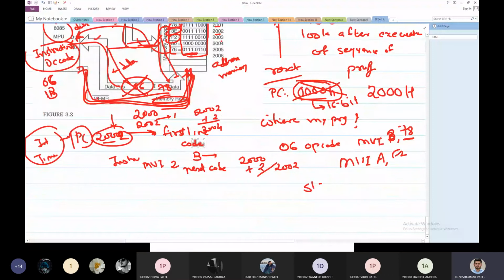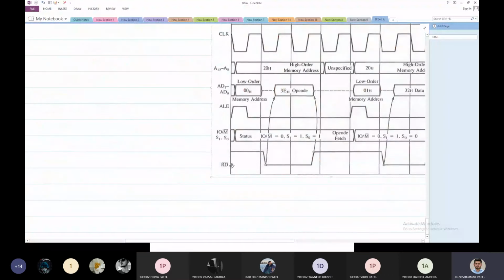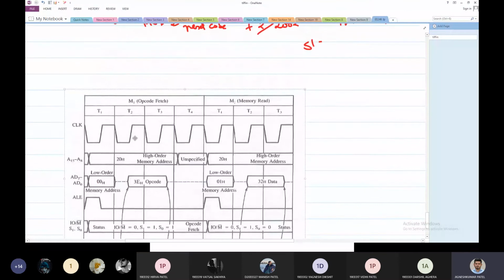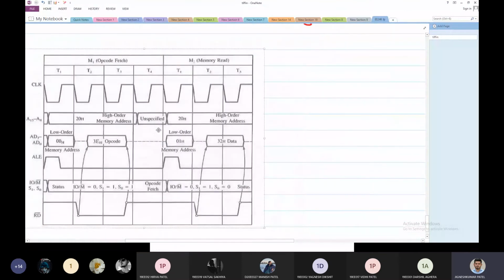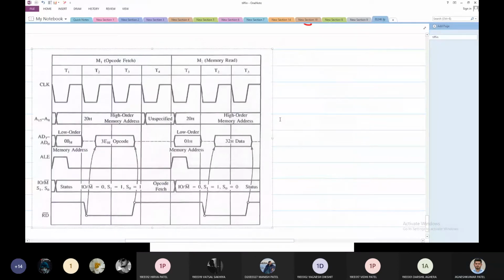Whatever I explained over here, like how it is actually done, is explained by this diagram. If you have any instruction inside your 8085, this is the timing diagram of how things are done.